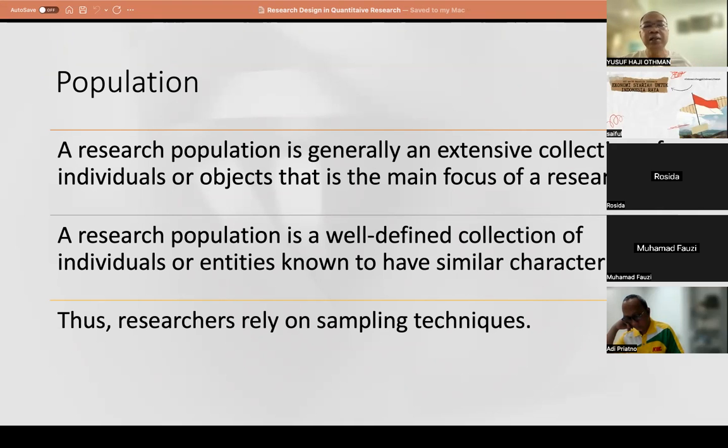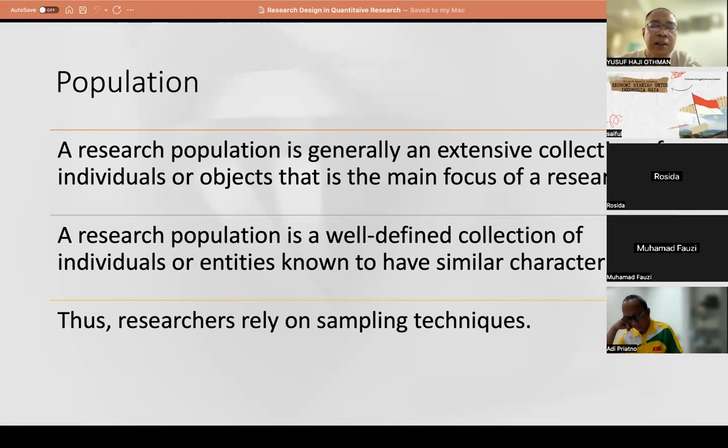There are many sampling techniques, and then there is also the criteria for choosing the sample size. So if the population is 15 million, we choose the sample size that relates to the 15 million.